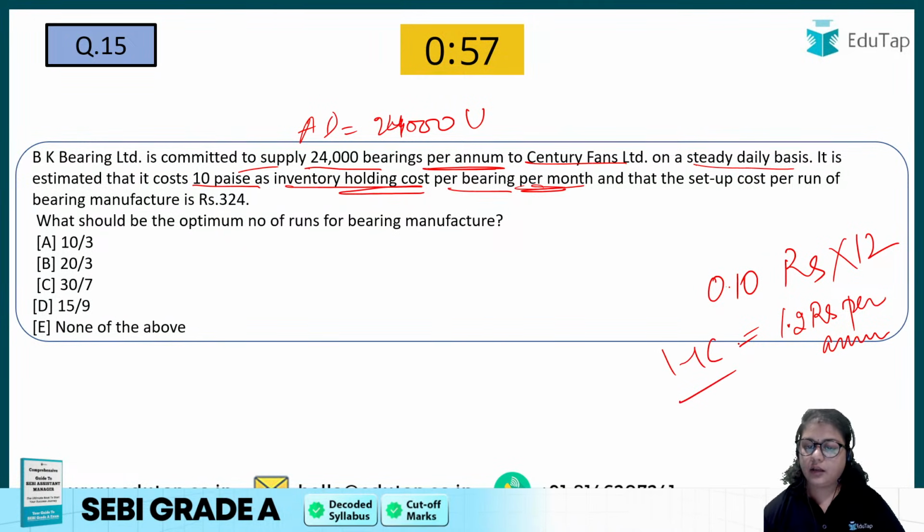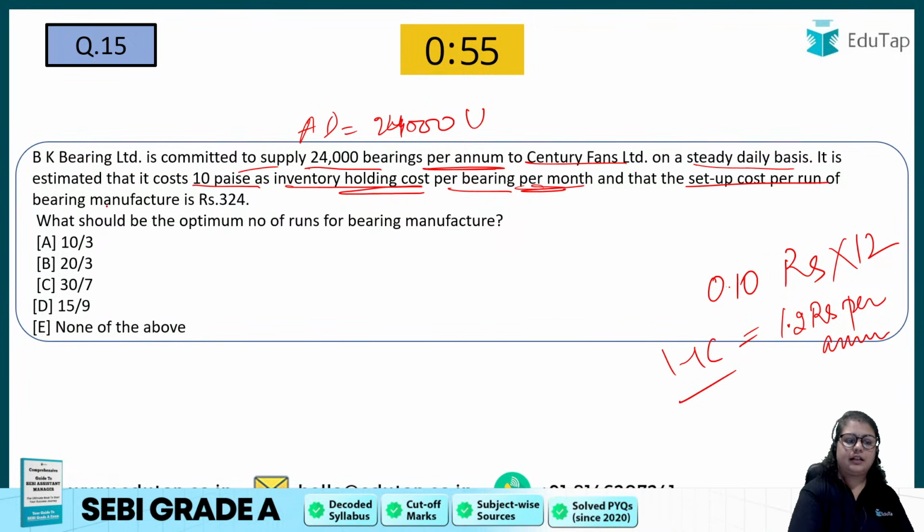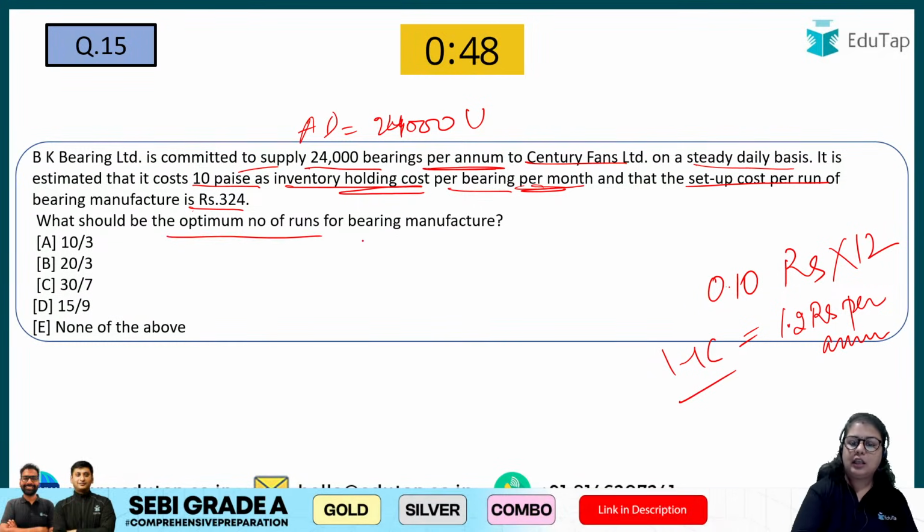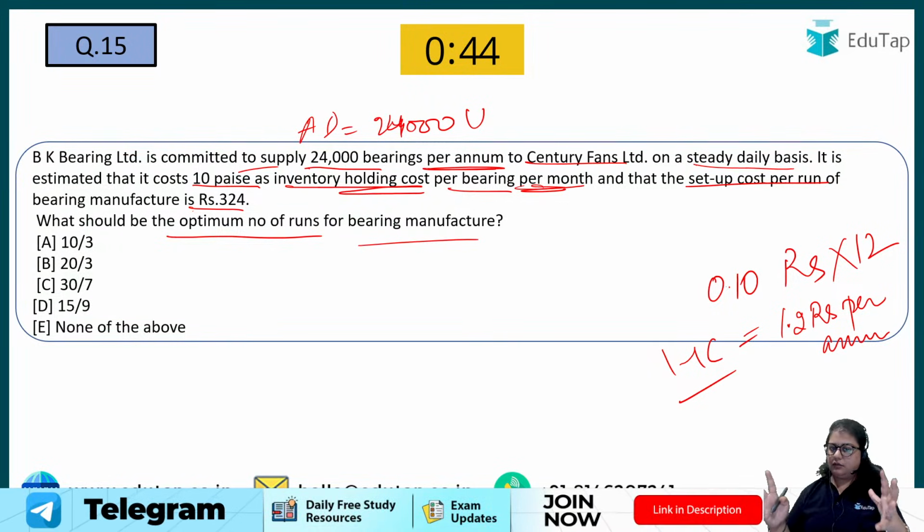And the setup cost per run is 324 rupees. I have to find out the optimum number of runs for the bearing manufacture. I have to make 24,000 units, and for those units there is of course inventory holding cost and setup cost.